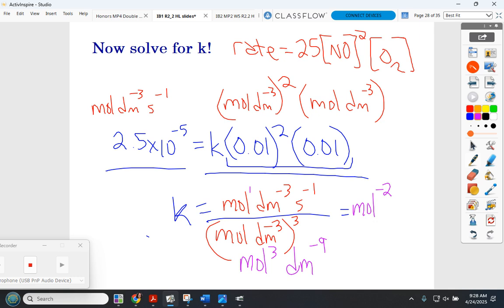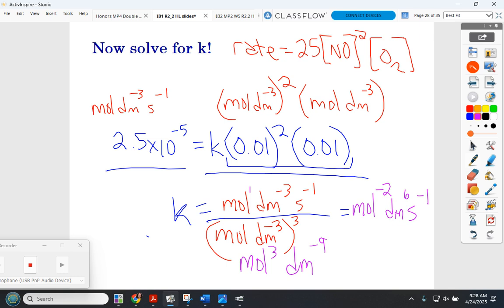Right? That makes sense? 1 minus 3. We've got dm to the -3rd minus dm to the -9th. So -3 minus -9 gives us what? 6. And then we're going to have seconds to the -1.